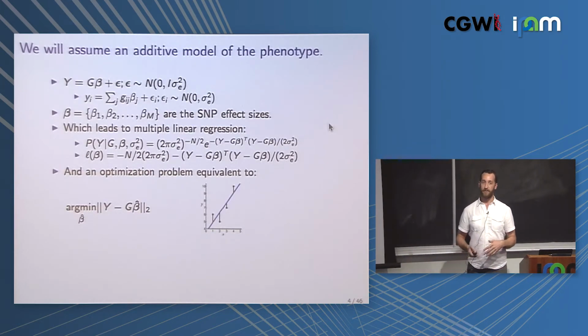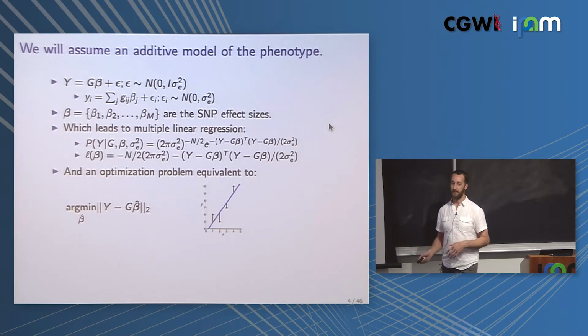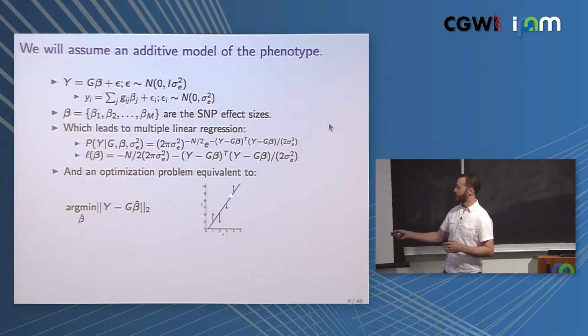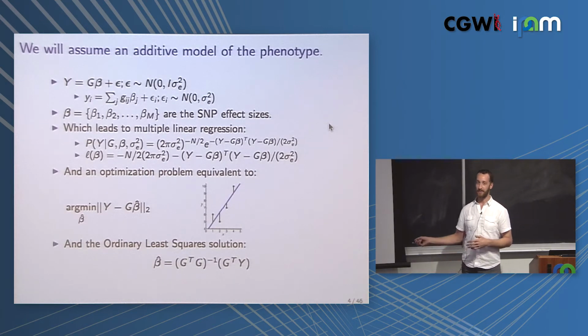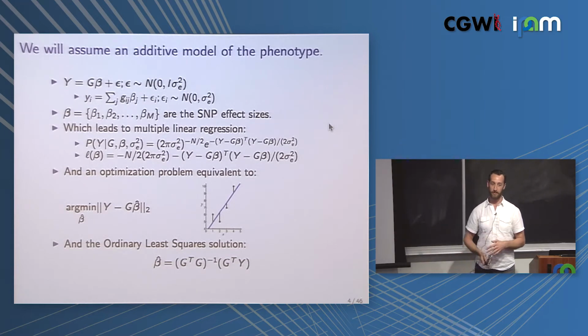To find these betas, to maximize the likelihood, this is equivalent to this kind of optimization. Or if we want to think about it graphically, it's finding the vertical distances from the points down to the line. Conveniently, we can do this analytically with (G transpose G) inverse G transpose Y.